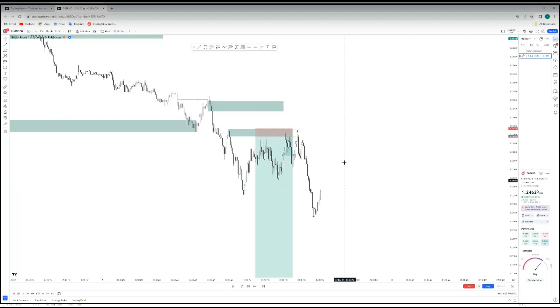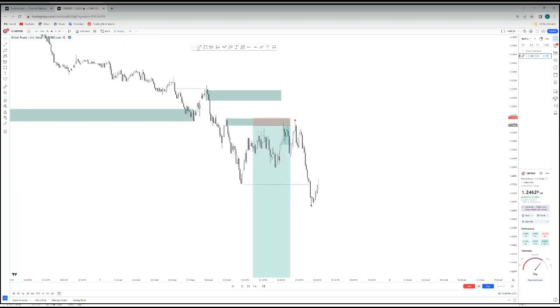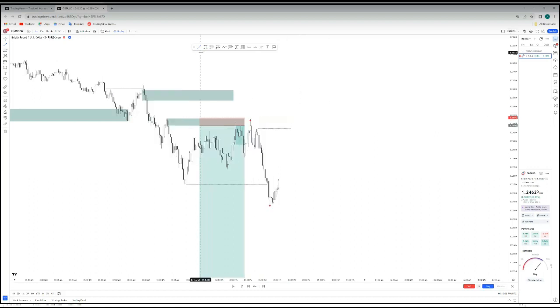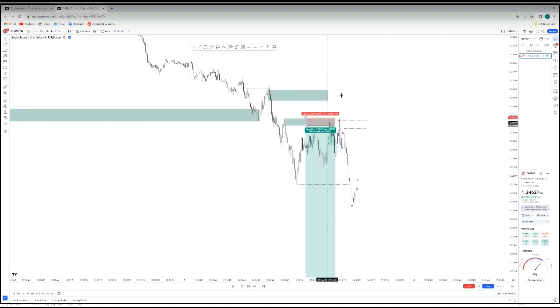So where is my entry? I have this liquidity as my entry. There's a secret behind this also. All right, so I'm anticipating for price to take out that liquidity, then continue the sell.